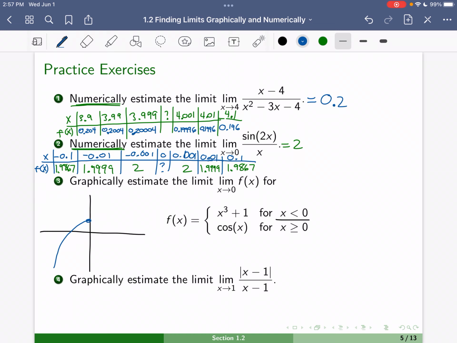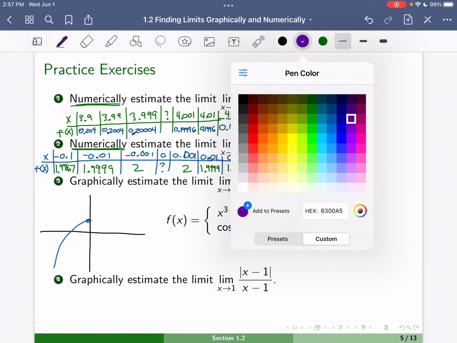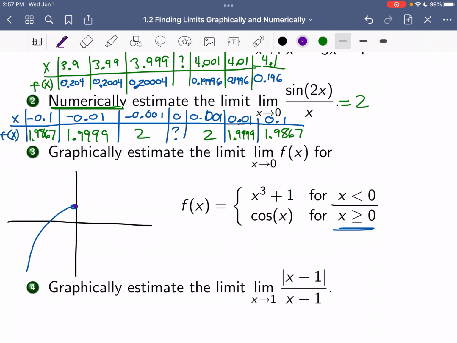So that's x cubed plus 1. And then after that, we have a cosine graph for values of x bigger than 0. So that's what our graph looks like.